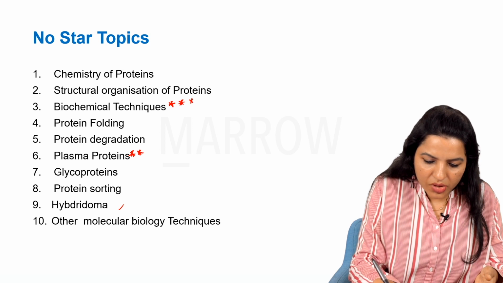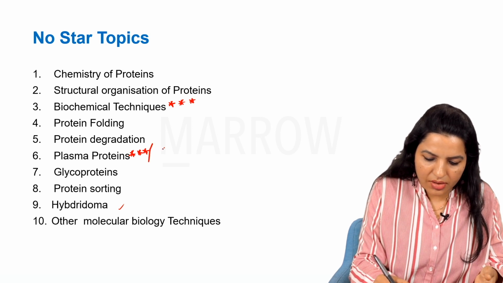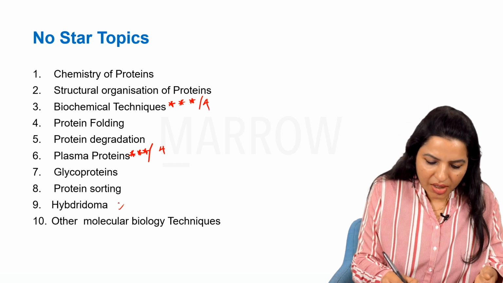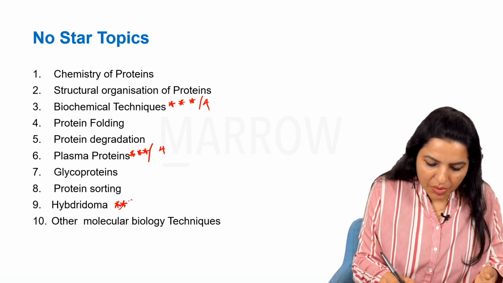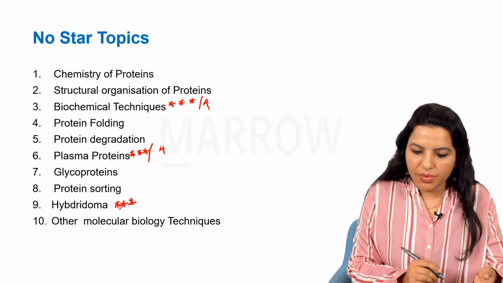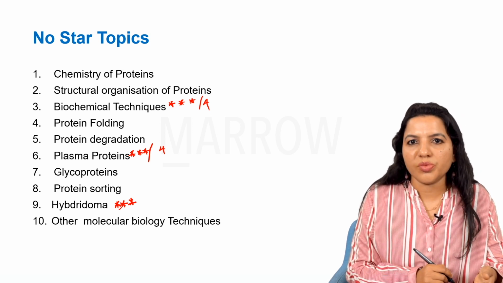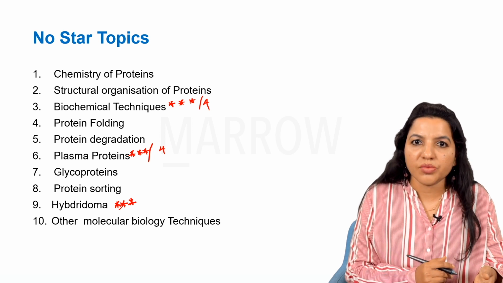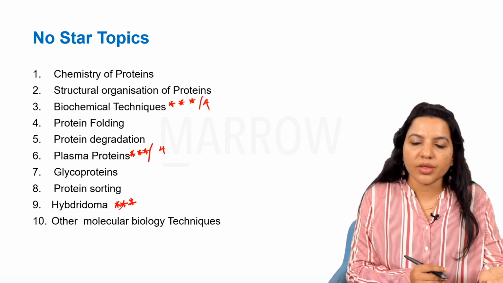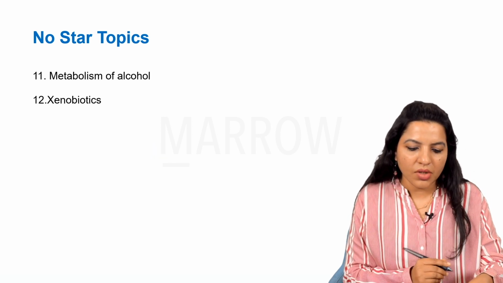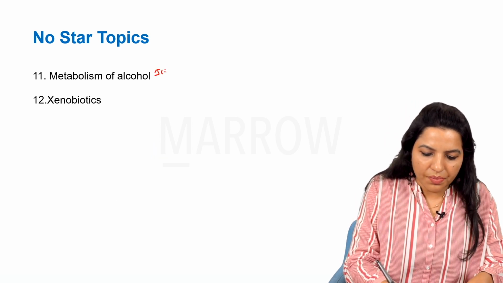These I will give 3 to 4 stars, as well as hybridoma, which was an image-based question for AIIMS. Then other molecular biology techniques like restriction fragment length polymorphism, DNA, chromatin immunoprecipitation, etc. All other molecular biology techniques I'll say no star. Then alcoholism, this is very important for JIPMER.